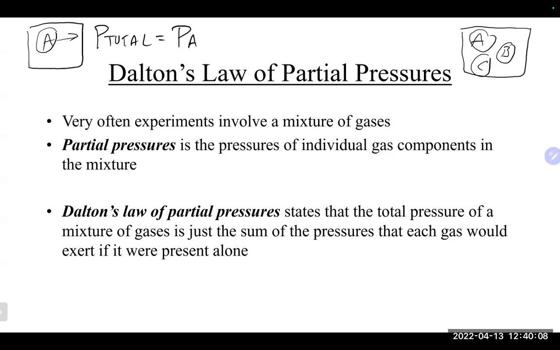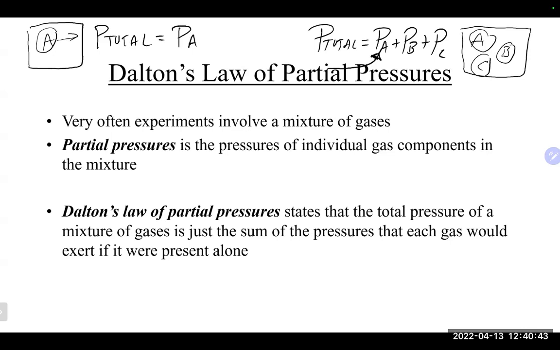All those different gas molecules are going to collide, and they all contribute to the overall pressure of that mixture, where in this case the total pressure would be the pressure of A plus the pressure of B plus the pressure of C. Because they are each contributing to the overall pressure, they are referred to as partial pressures. That's basically what it means. They are partially contributing to the overall pressure of that mixture.